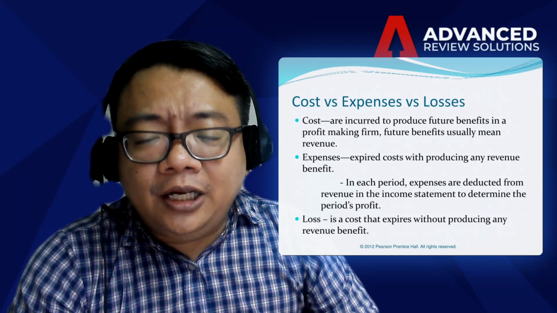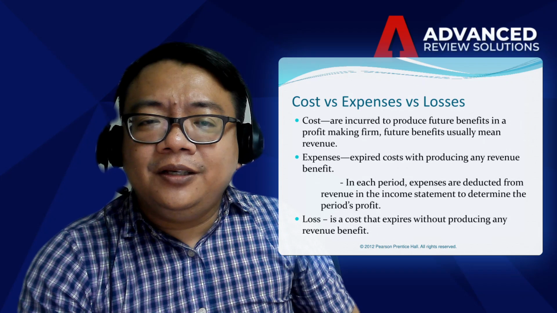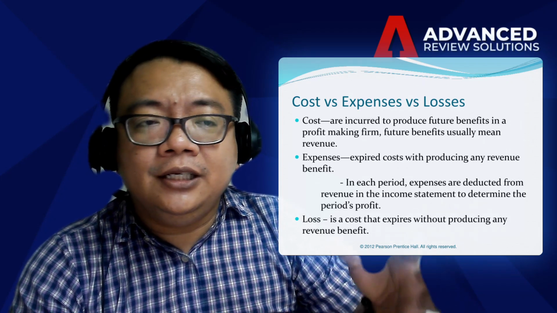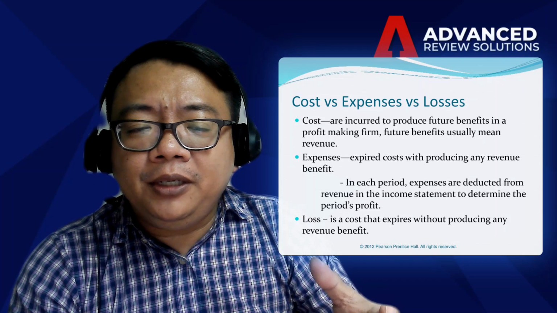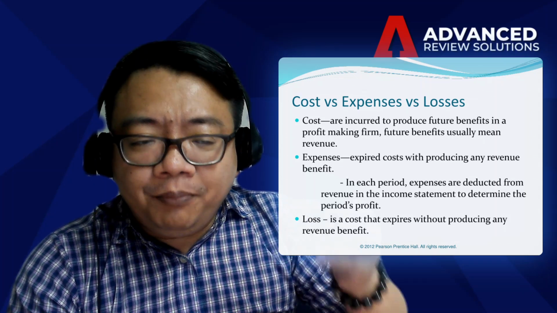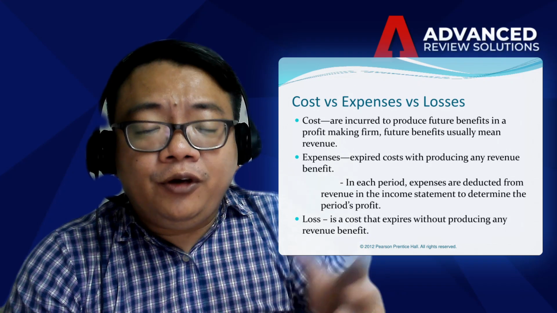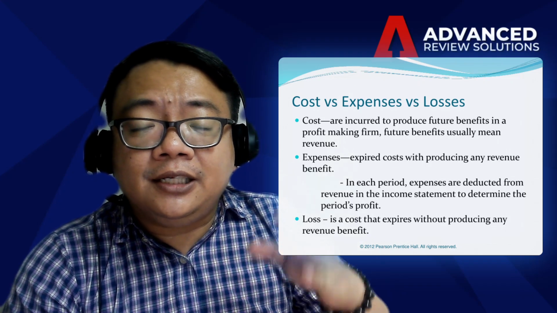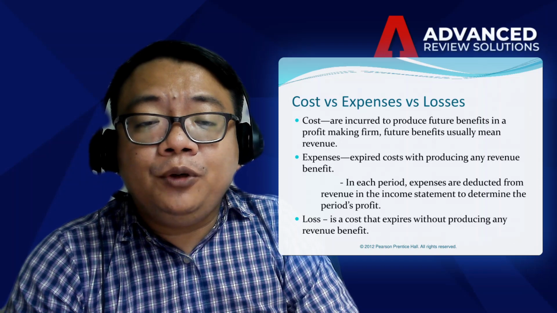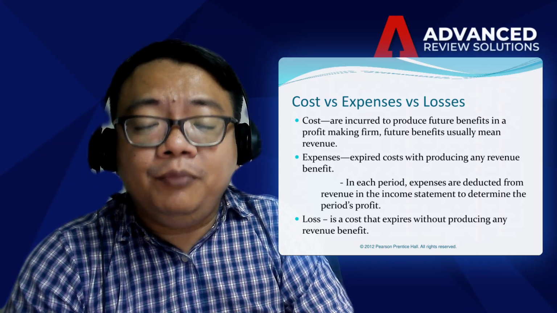Okay? Ano expenses? Say you have your assets, you purchase assets, you have your property, plant, and equipment. Paano siya magiging expenses? But before that, what do you mean by expenses? It is expired cost with producing any revenue benefit.